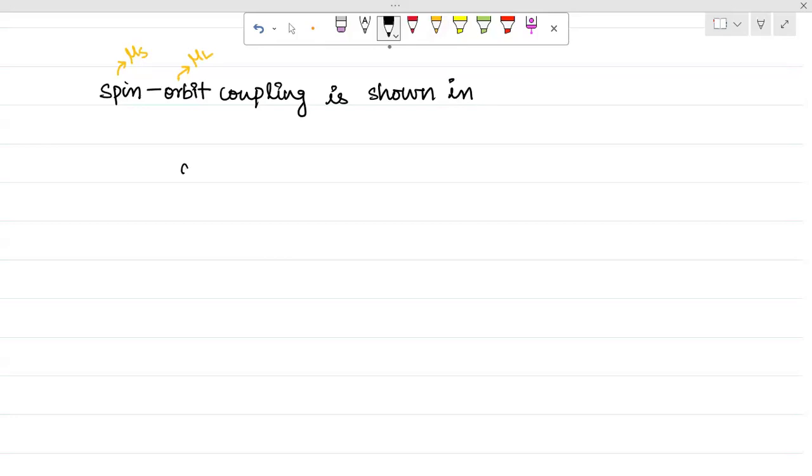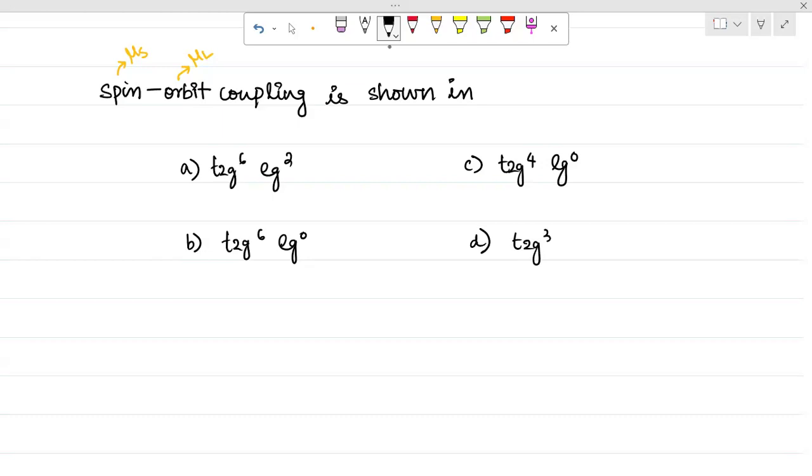Four options were given: t2g6 eg2, t2g6 eg0, t2g4 eg0, and t2g3 eg2. If you need orbital contribution to the magnetic moment, there must be some sort of spin orbit coupling, so what you have to check is the unsymmetrical electron distribution at t2g.